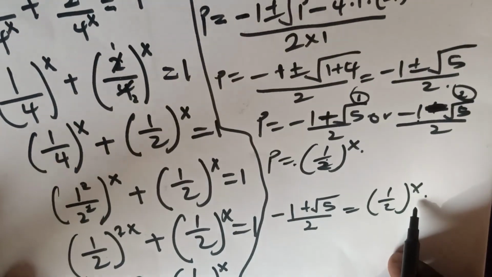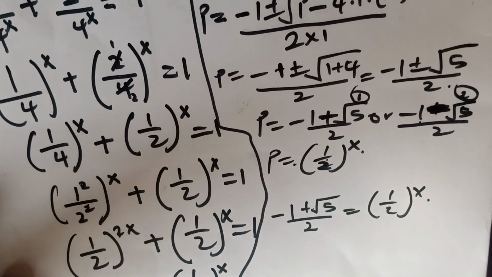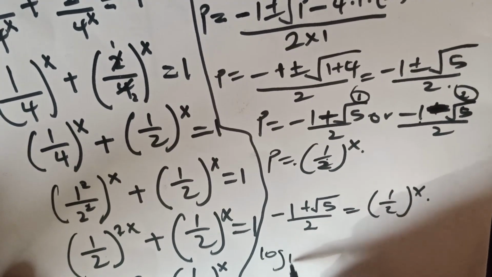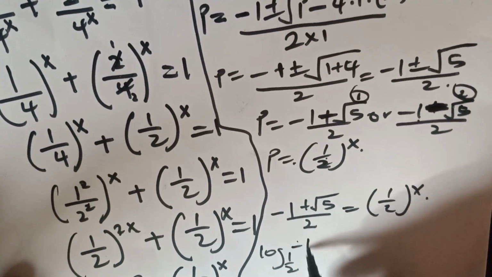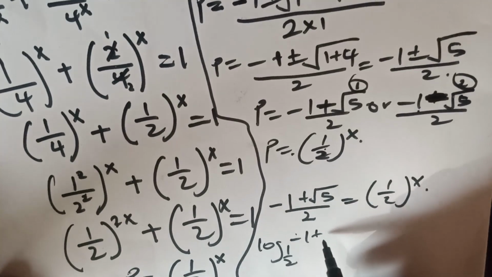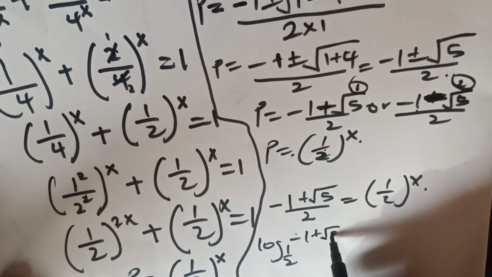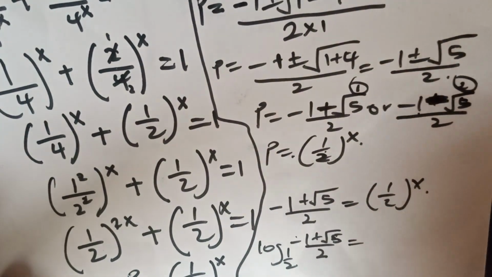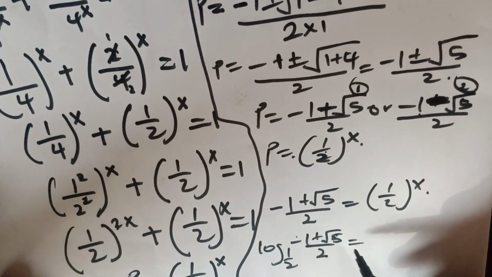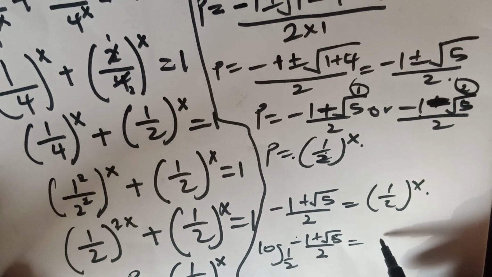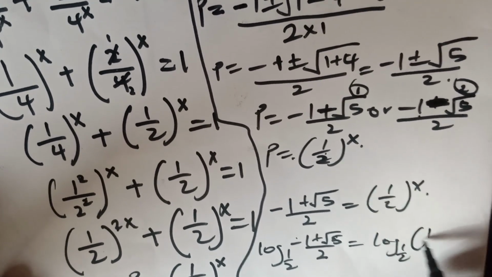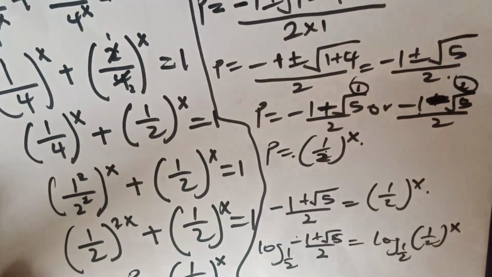So how are we going to remove this x? We are going to take the log base 1 over 2 of both sides. So we have log base 1/2 of (minus 1 plus the square root of 5 all over 2) equal to log base 1/2 of (1 over 2 to the power of x).